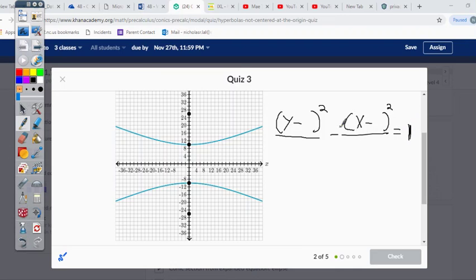Okay? So we know this is vertical just by looking at it. Notice that the foci and the hyperbola, we just visually see this is a vertical hyperbola.